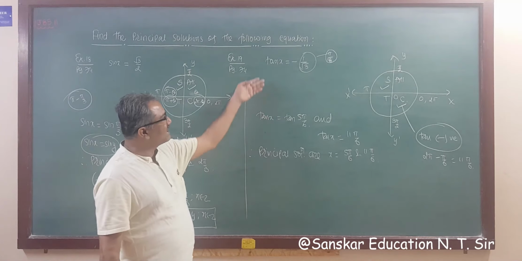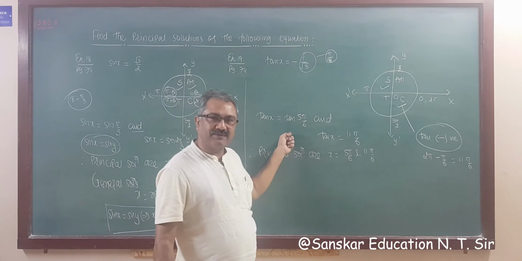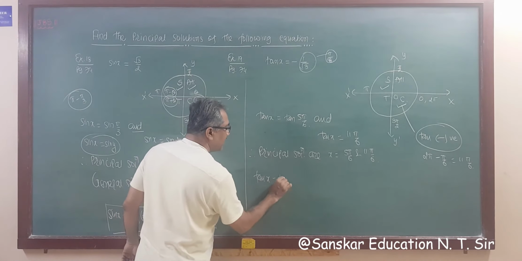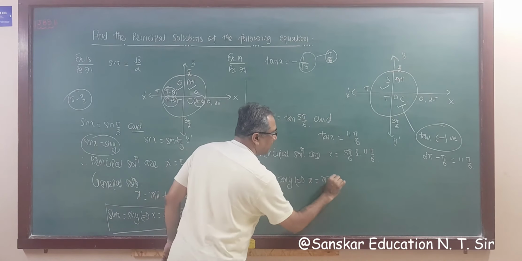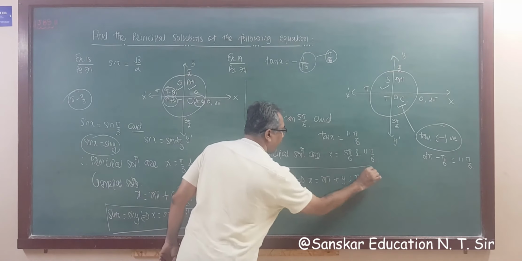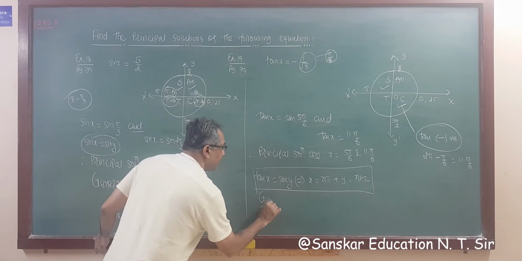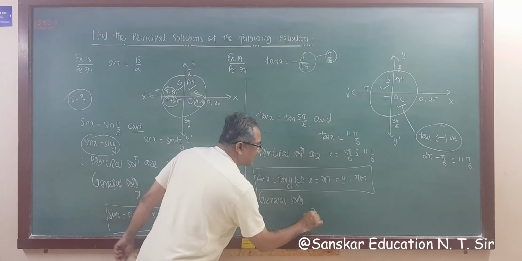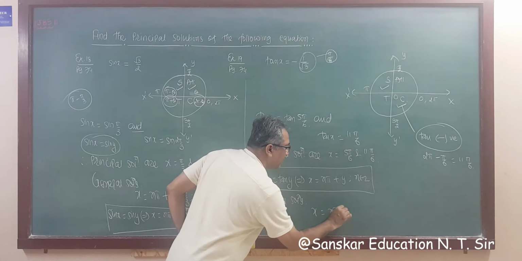Now here, tan x is equal to tan y. So the solution of tan x is equal to tan y is theorem number 3. This implies x is equal to n pi plus y, n belongs to z. This is your general solution for tan. So the general solution is x is equal to n pi as it is plus y.